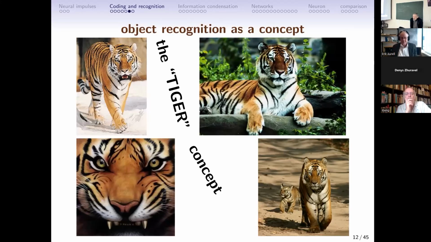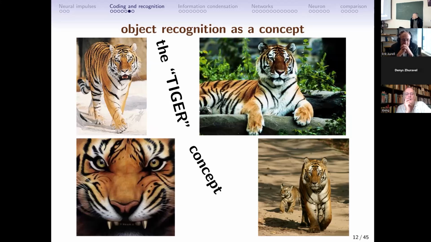Look at these four pictures. Any physicist or eye physiologist will agree that each of these pictures evokes a completely different activity in our retina. But when it comes to the activity which drives our voice apparatus, then the activity in a magic way becomes identical.